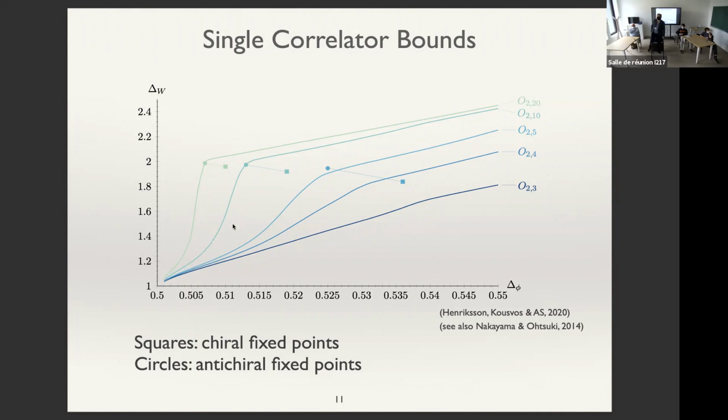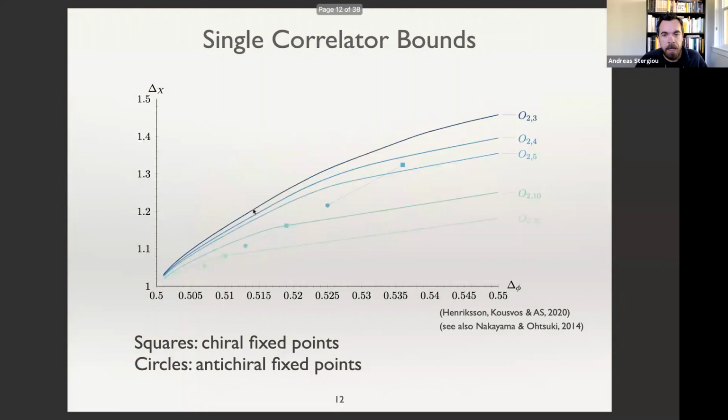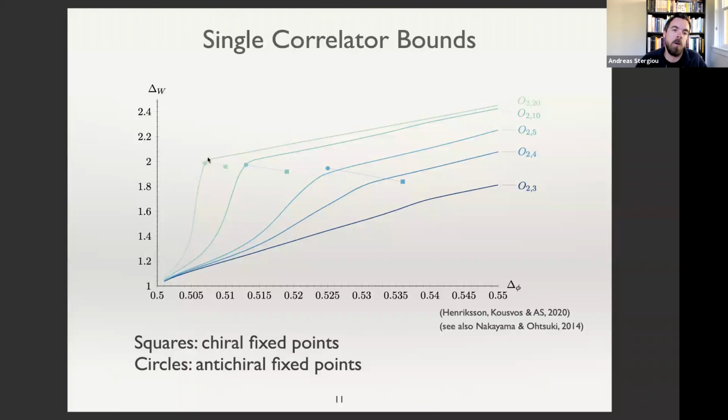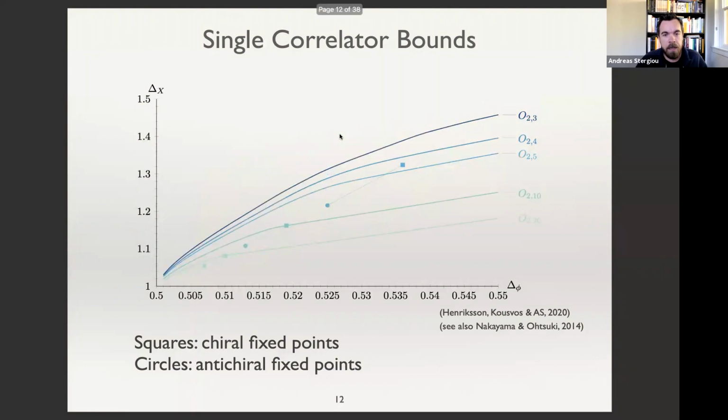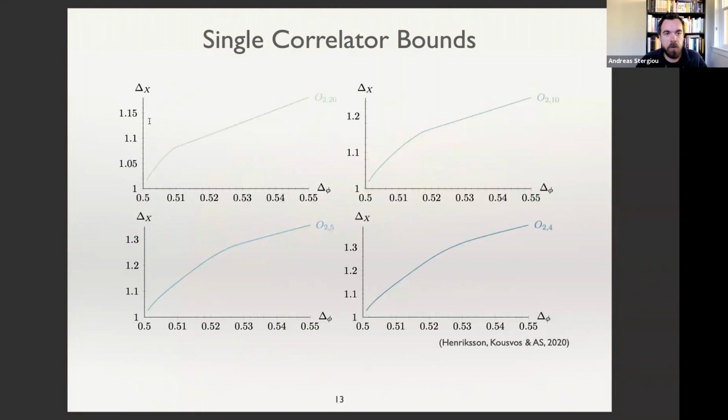Okay, great. So I was showing you that you see here, one fixed point saturates the bound and the other one is in the allowed region here. And the geometry of the bound, at least before it reaches the fixed point, is quite spectacular. It goes up very strongly and then to the right. Here, I'm showing you the X bound.